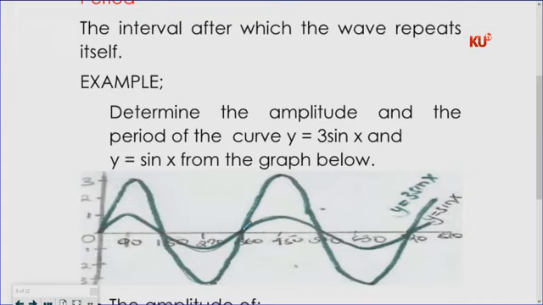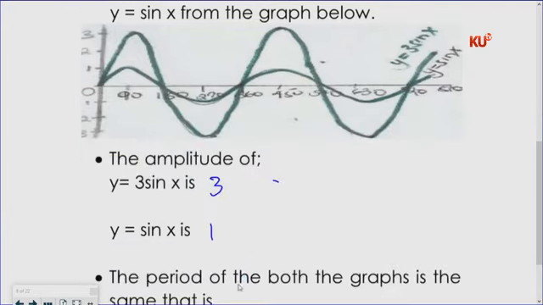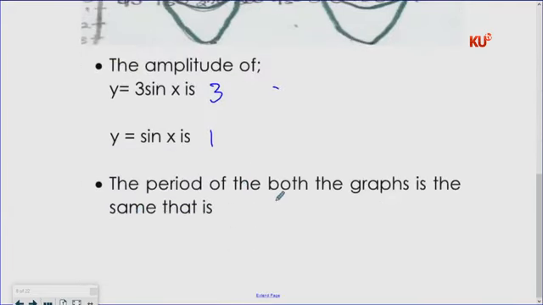So that means the two waves have the same period, which is 360 degrees. So we have the period for this: 360 degrees, or you can say 2 pi radian.